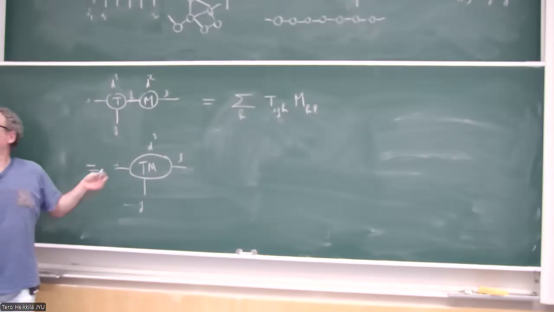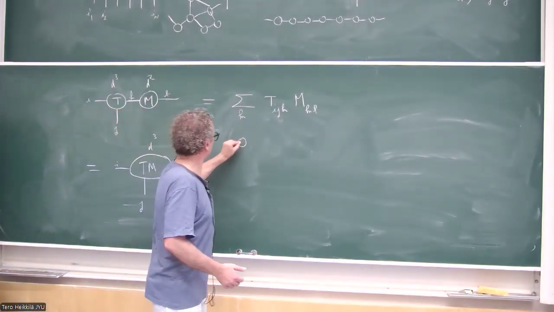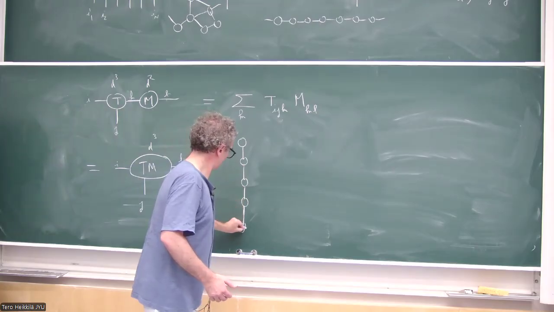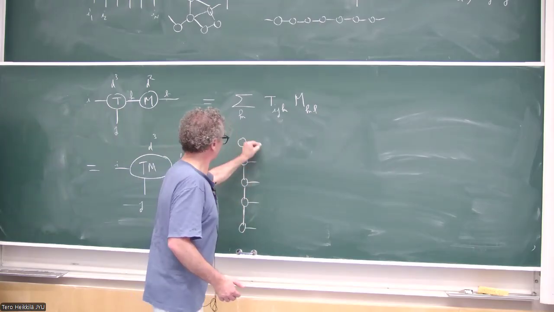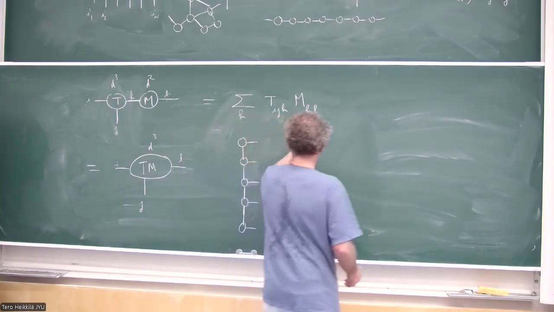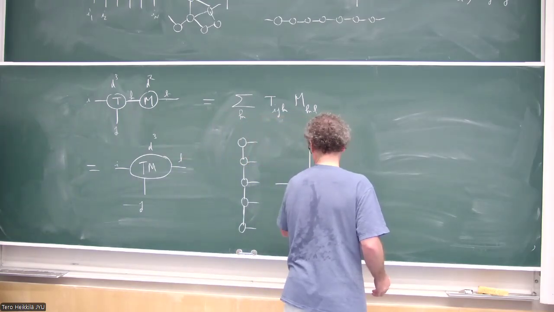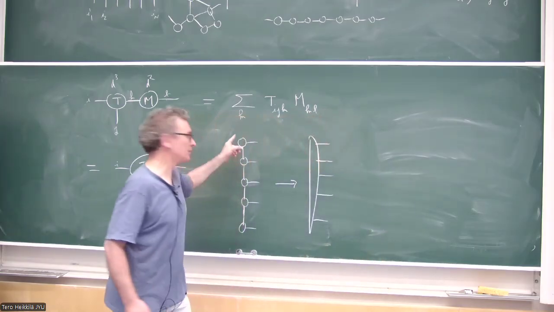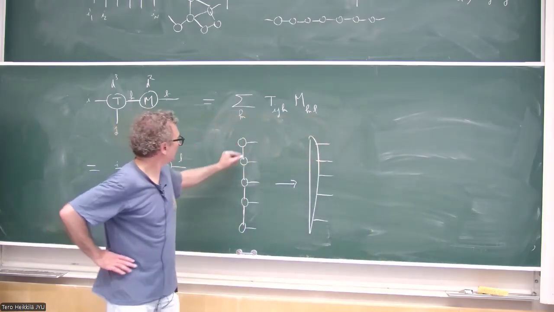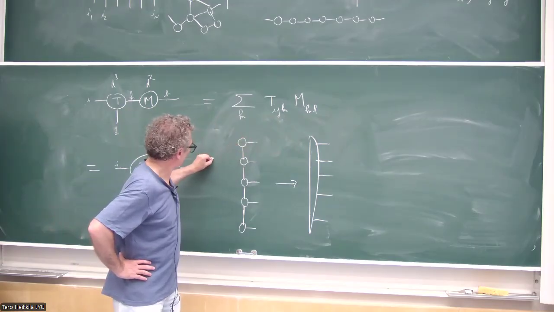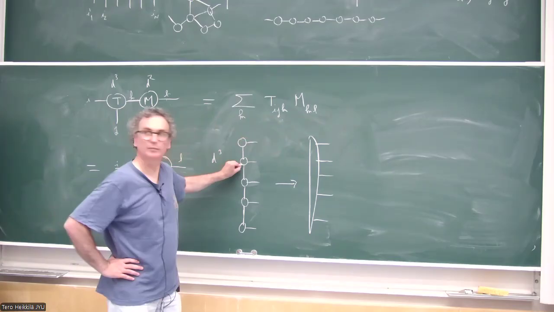But if I take a more complex network, for instance, I contract everything, then each of these objects is d to the 3.